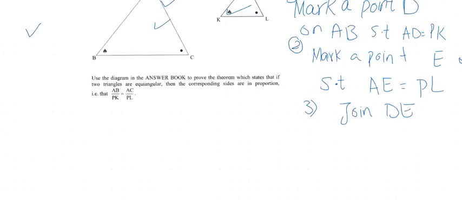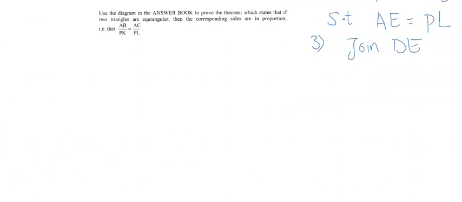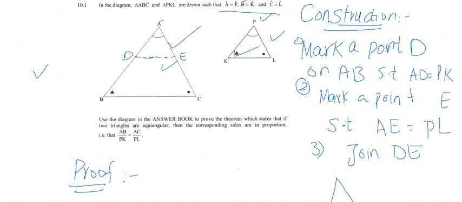Now, what we have to do? Prove. So we have to construct this triangle. This is ADE, okay? This is the part of D and E, all right?